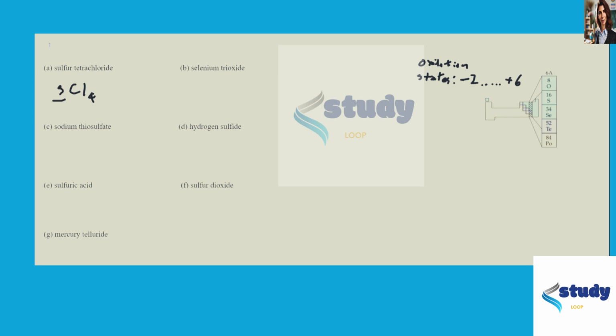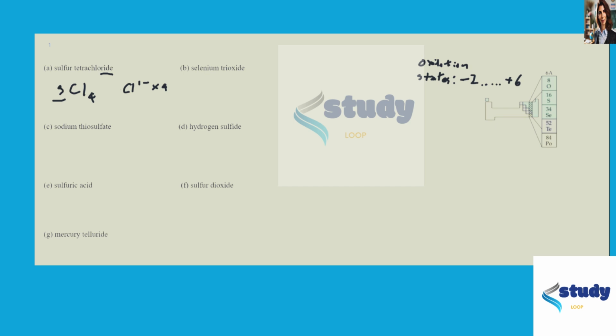and chloride, based on the name, means Cl-1, or in proper notation, it'd be a Cl1-. And there are 4 of them.